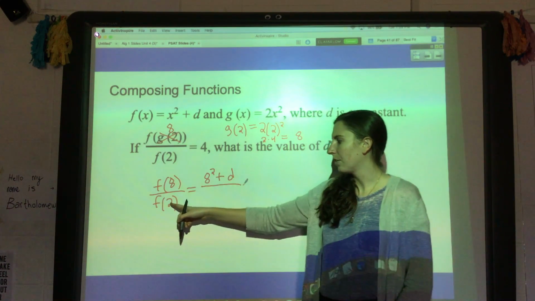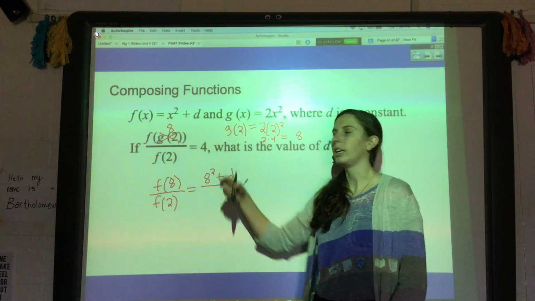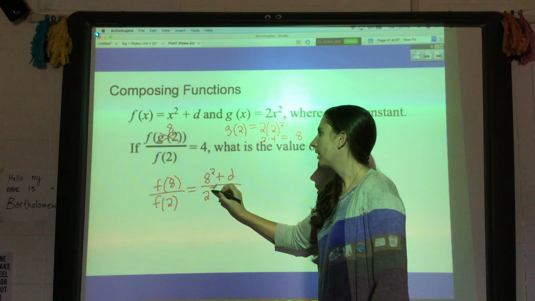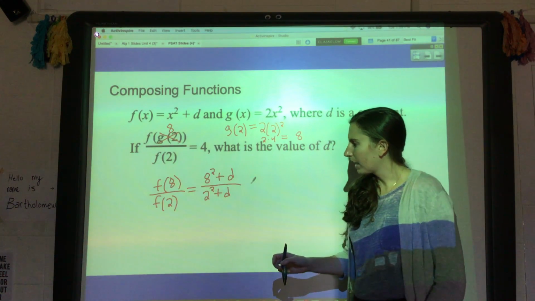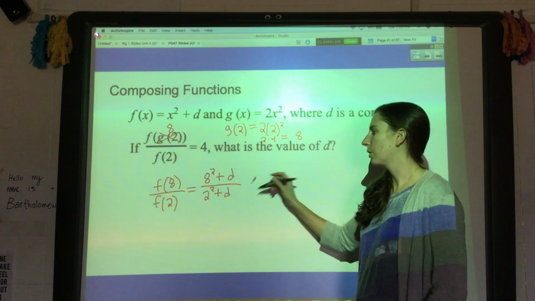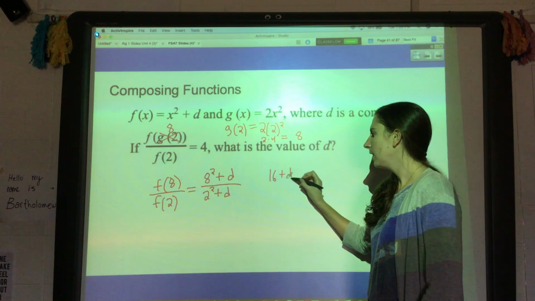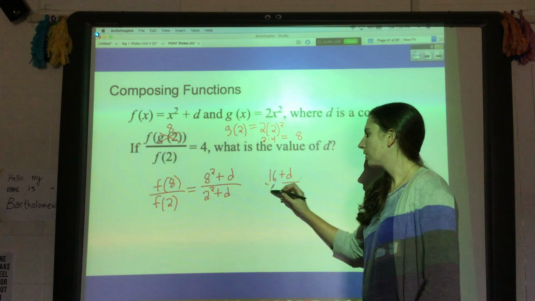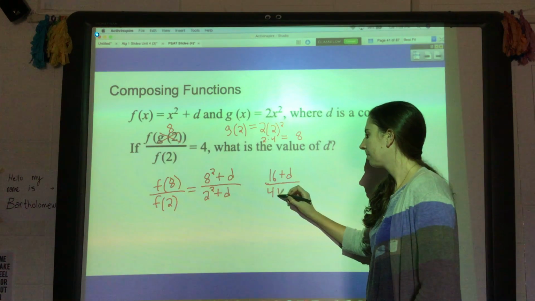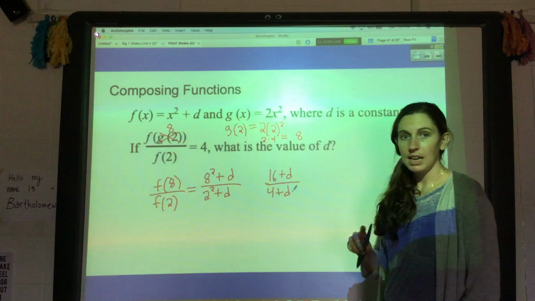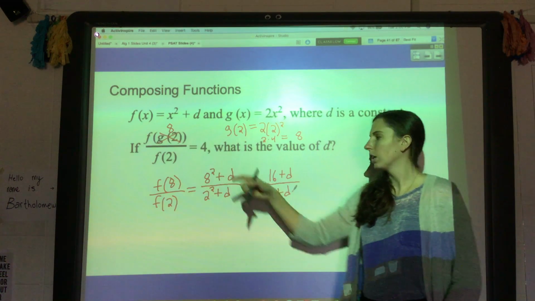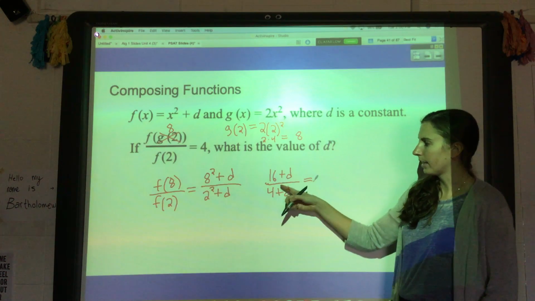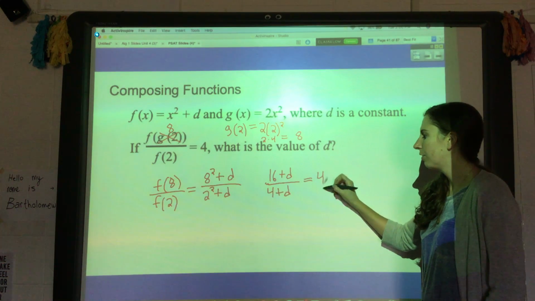And f of 2 would be plug in 2 here. So we'll do 2 squared plus d. And so simplifying a little bit, 8 squared is 16 plus d, and 2 squared is 4. Whoops. And it tells me that this entire thing was supposed to equal 4. So how do I make this equal 4?